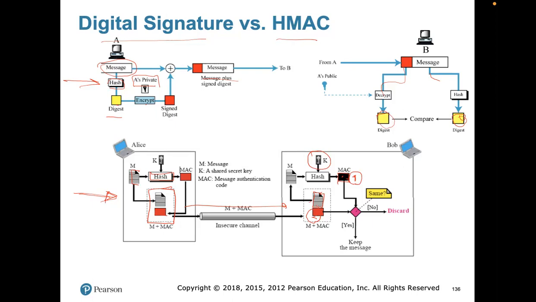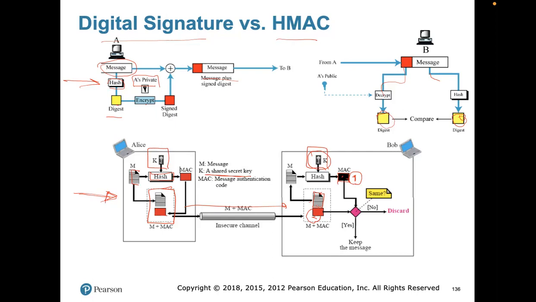But here you see that in terms of difference with the digital signature, in HMAC we are talking about a key which is pre-shared. We have a pre-shared key between the sender and receiver. And there is no encryption at all. We have only a hash function, and a secret key should be already shared between the sender and receiver.